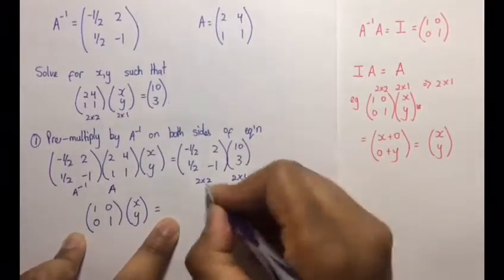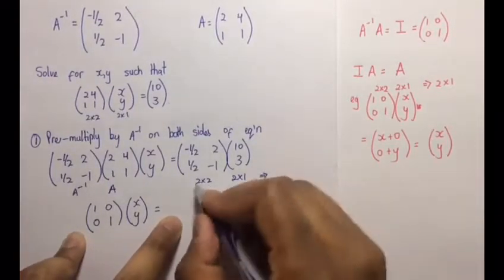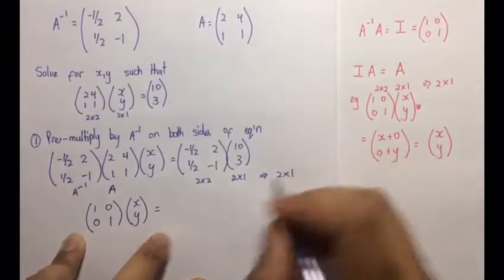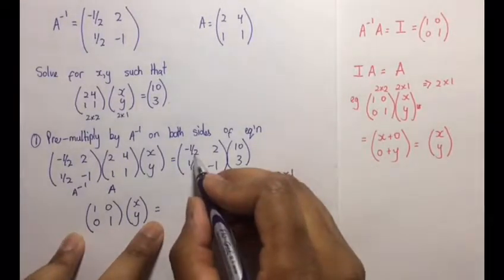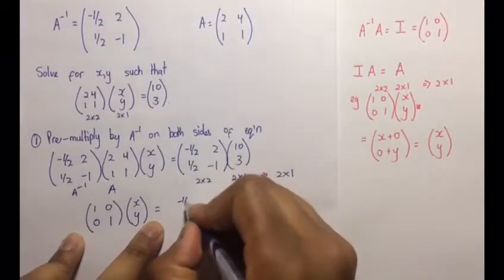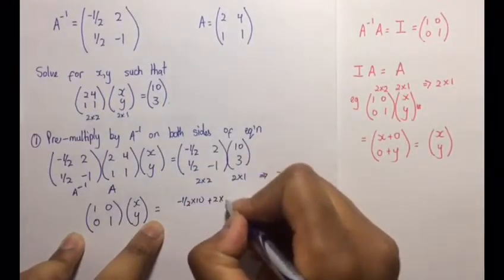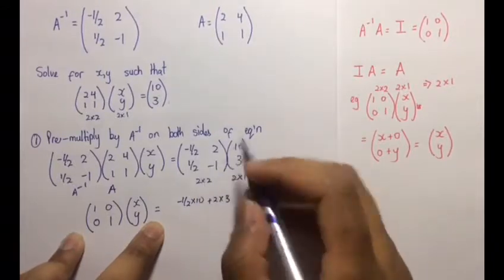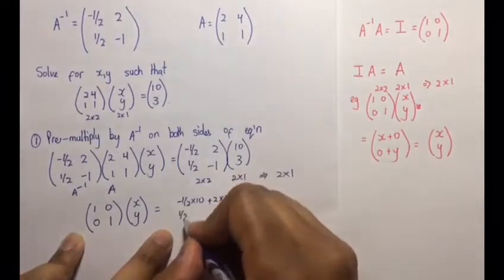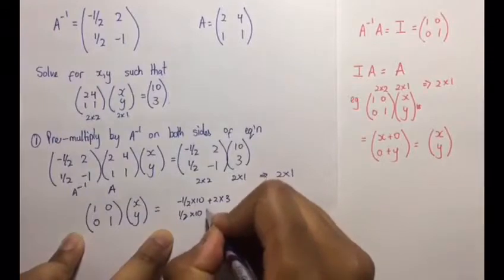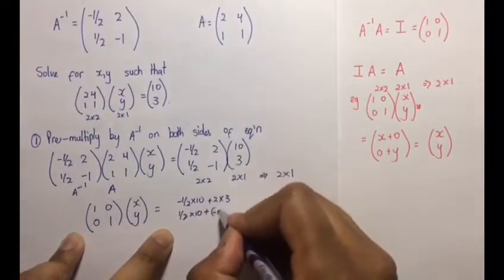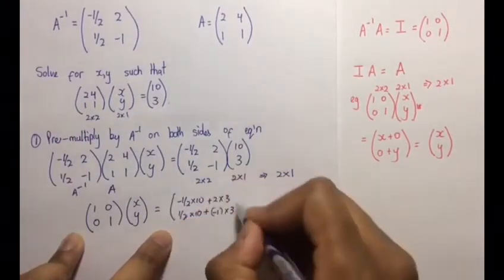So we expect the result here to be a 2 by 1 matrix. So we get minus a half times 10 plus 2 times 3, and then 1/2 times 10 plus minus 1 times 3.